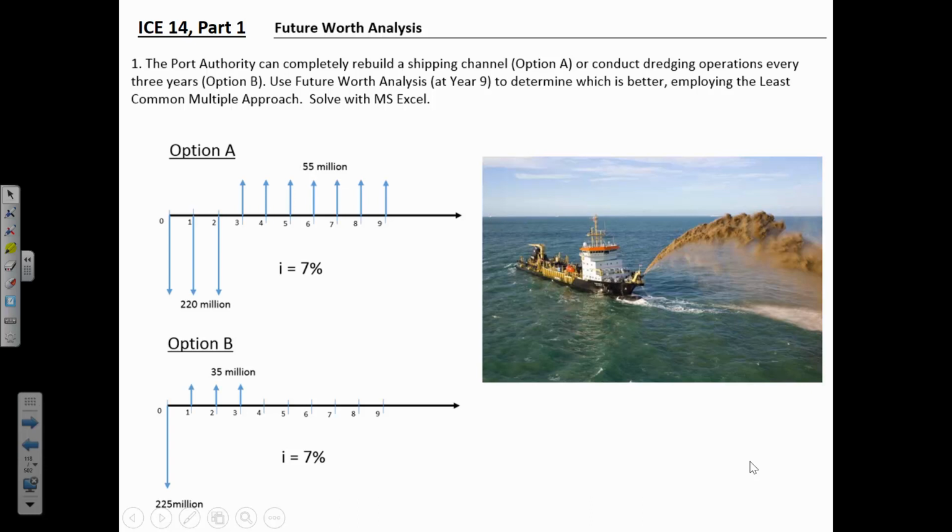Number 2, if you brought Excel with you today, that's going to be very useful, because we're going to solve this using the FV function in Excel. And in the homework, that last problem, I asked you to do the same thing. So go ahead and start up Excel. I'll give a brief refresher on how to use the FV function. I won't show the entire solution, but I will reiterate what's supposed to go where in the FV function.